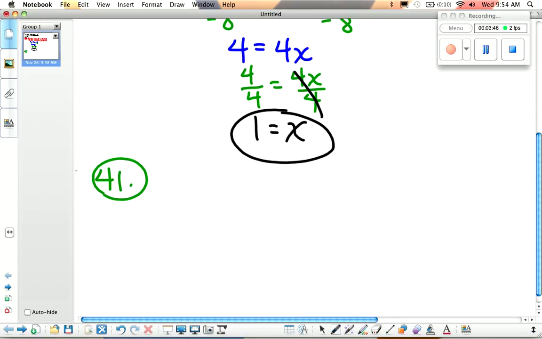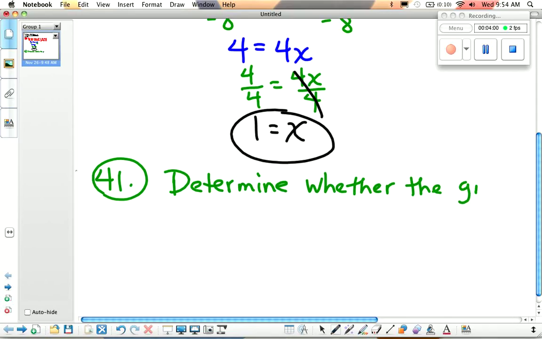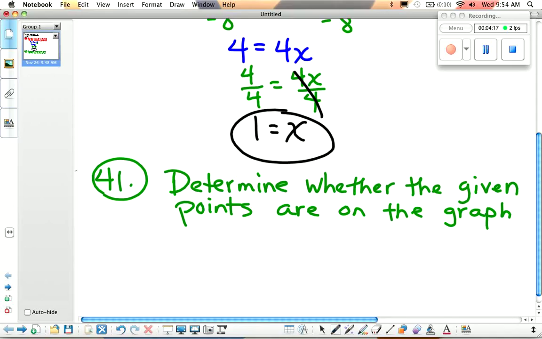It says determine whether the given points, in other words, the ordered pairs, are on the graph. That's our instructions. Determine whether the given points are on the graph.